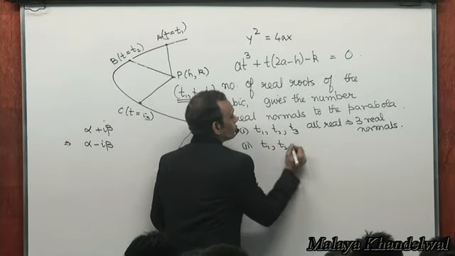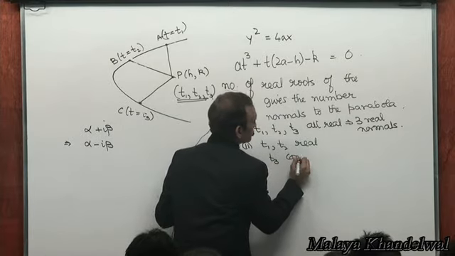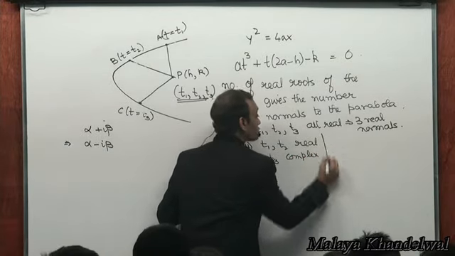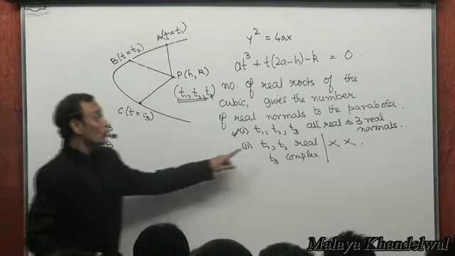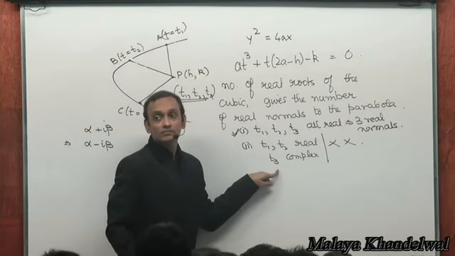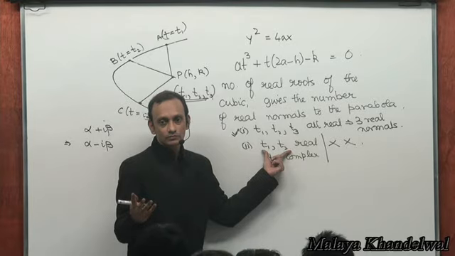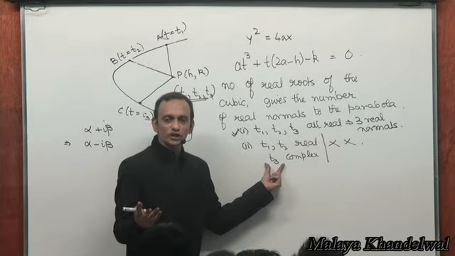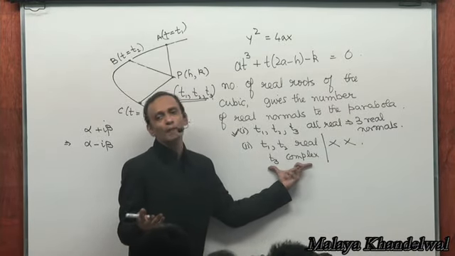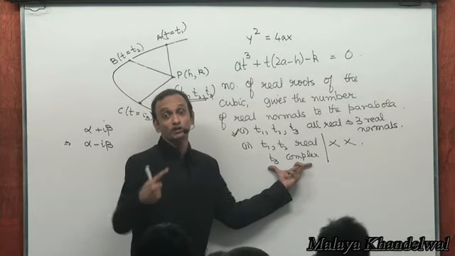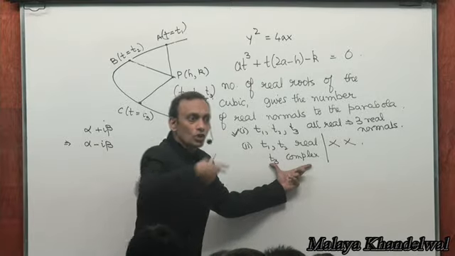Now, t1, t2 real, 2 real normals, and t3 complex. Is this possible? No. You can't have a point (h, k) from where you can draw 2 real normals and 1 imaginary normal, because then it leaves you with an isolated complex root. But complex roots always occur in pairs. You will have either 0, 2, 4, or 6 complex roots.